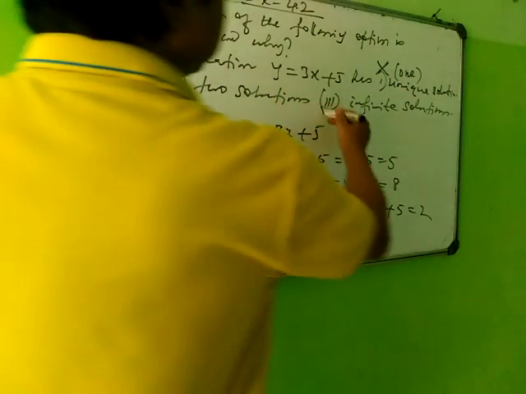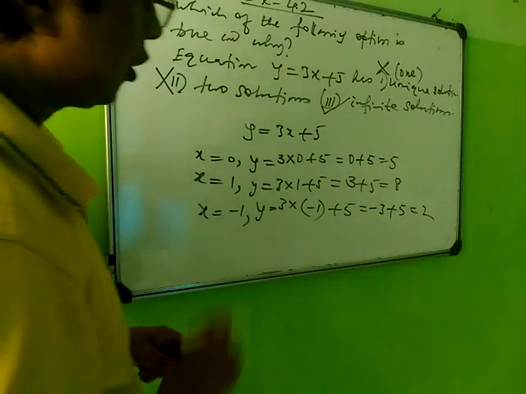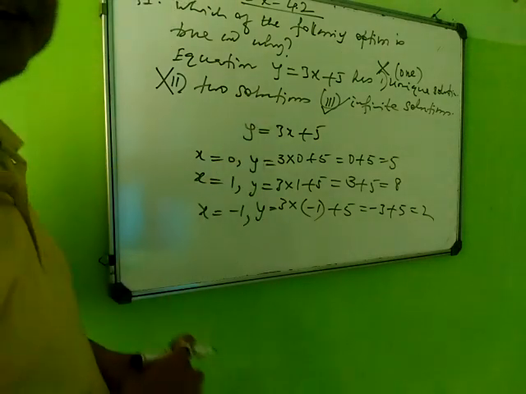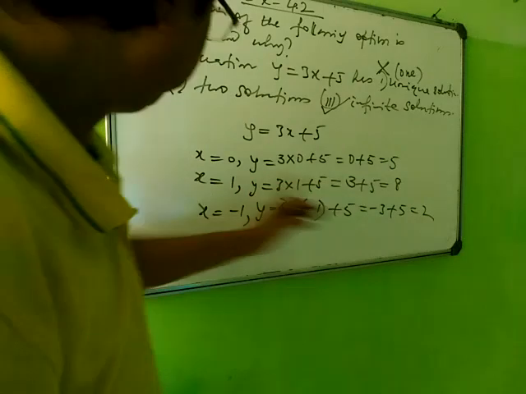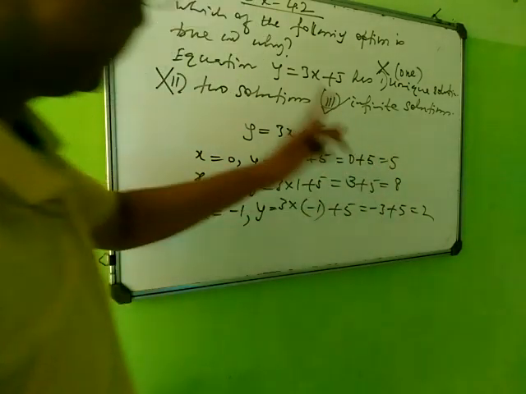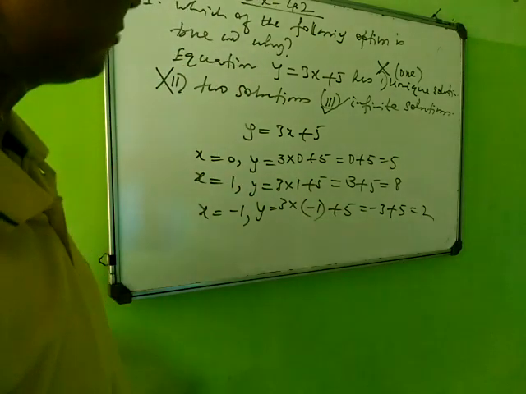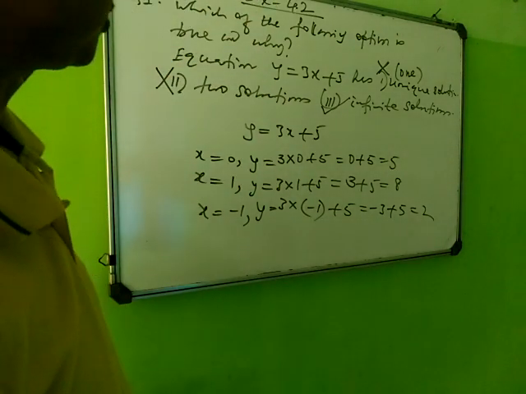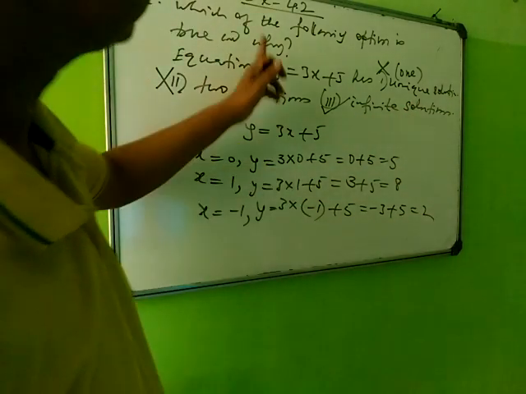That means your option is 3, because you take any value of x, you will always get a corresponding value of y. If you take 1, you have got 8. If you take 0, you will get 5. If you have taken minus 1, you have got 2. So like this, you take so many values, you will get so many solutions. So that is why it has got infinite solutions.